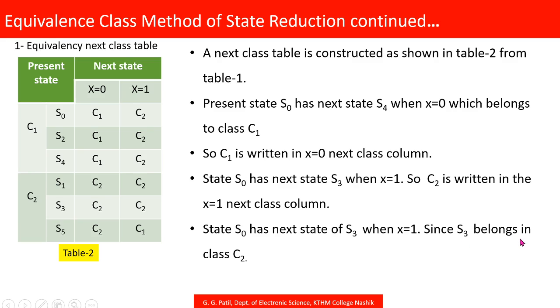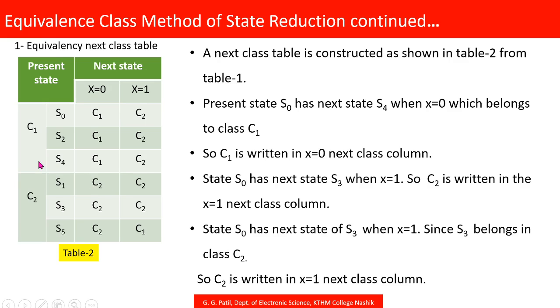Since S3 belongs to class C2, C2 is written in the x equals 1 next class column. In this way the one equivalency next class table has to be filled.